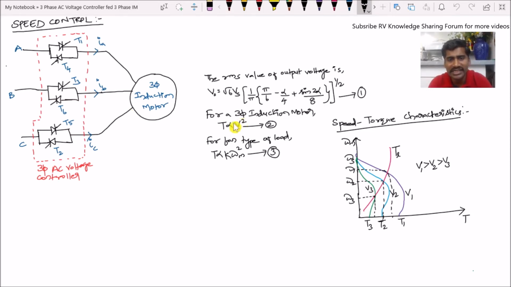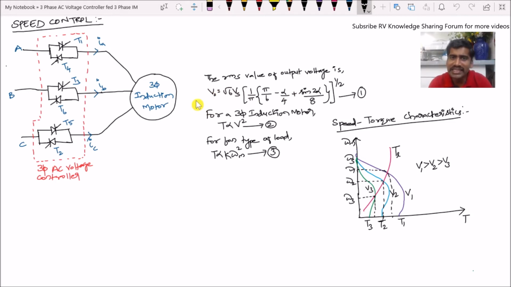Here V represents the stator input voltage and T represents the torque. According to equation 2, for a three-phase induction motor, torque is directly proportional to V square. That means torque is directly proportional to the square of the stator input voltage. According to equation 1, when the firing angle of the three-phase AC voltage controller is changed, the RMS output voltage of the controller changes.